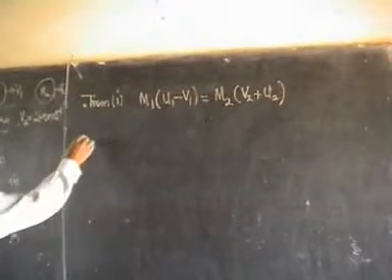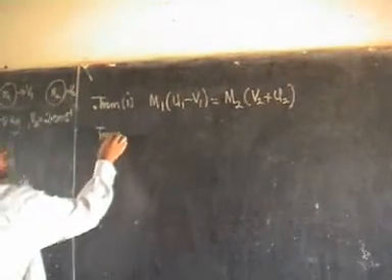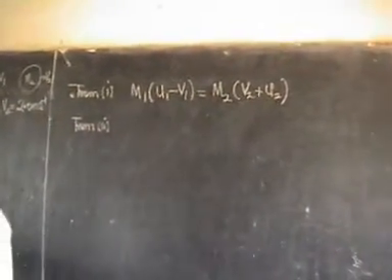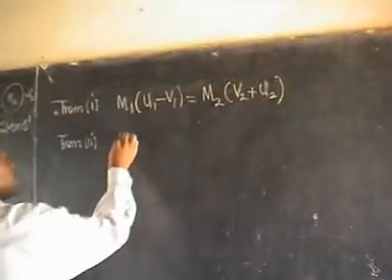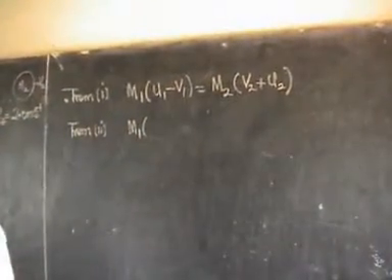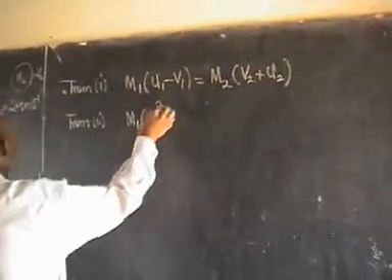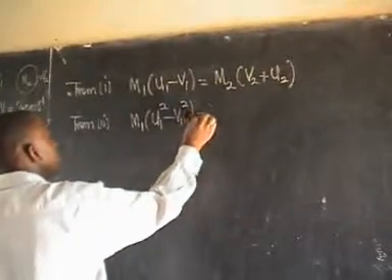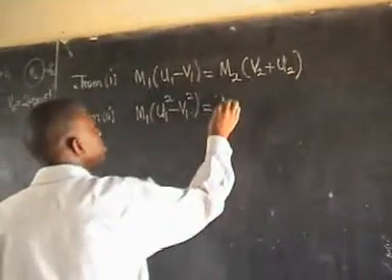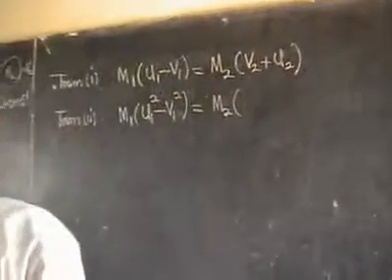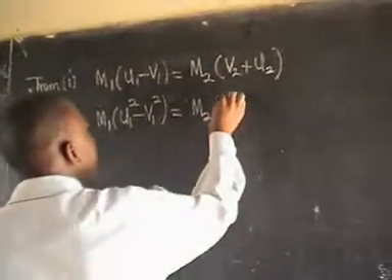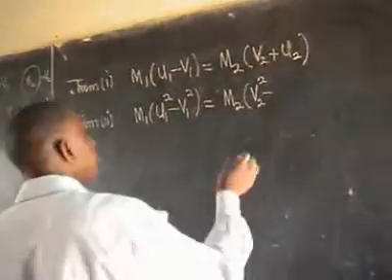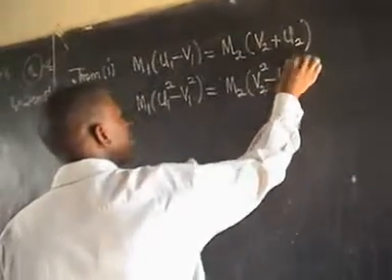So from equation 2, I'm going to do the same. The halves will cancel, so you shall get m1 into u1 squared minus v1 squared is equal to m2 into v2 squared minus u2 squared.